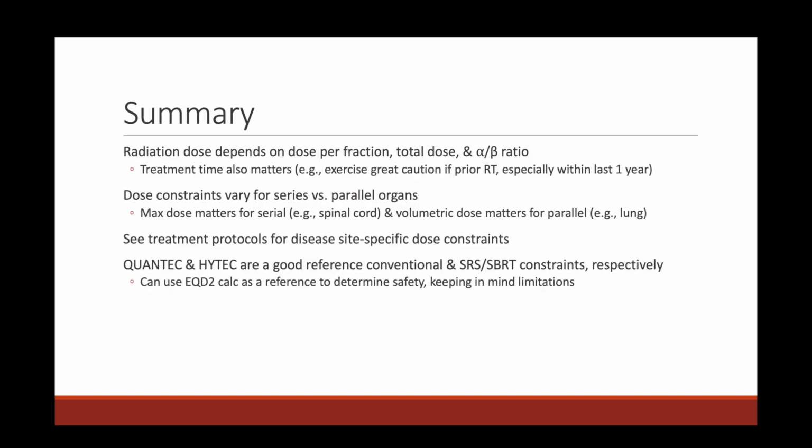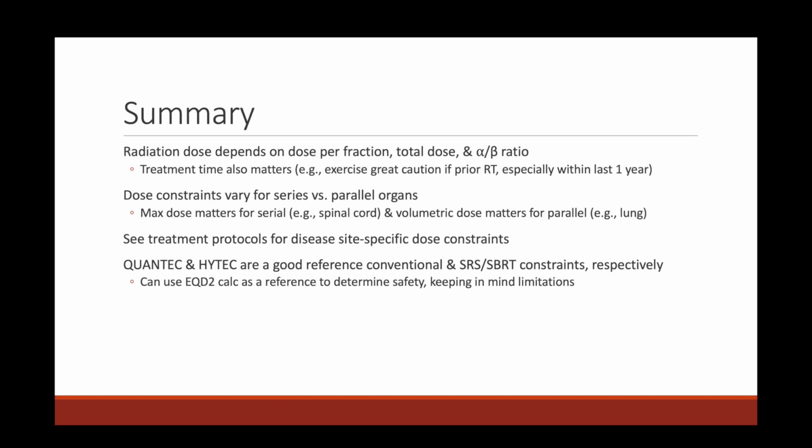So the major takeaways that we talked about today: our radiation dose and our dose constraint is going to depend on the dose per fraction, the total dose, as well as the alpha-beta ratio of the tissue that we're treating. Treatment time also matters. Remember, it's not accounted for in our BED and our EQD2 equations, but we really do need to consider the treatment time, and we exercise great caution if the patient had prior radiation, especially if they had radiation within the last year.